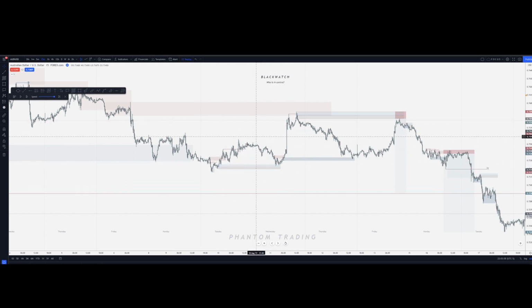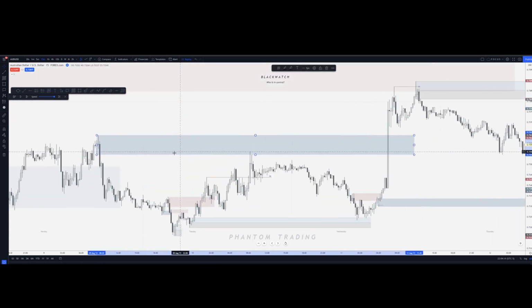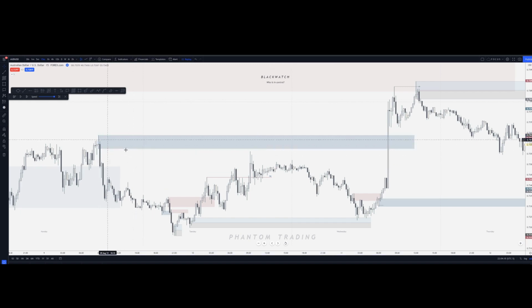But this is the general idea, right? What happened to this level? Did we get any reaction to this? No. It just ripped straight through it. That didn't even touch it. That touched something in this range here. But this POI itself, nothing. Right.